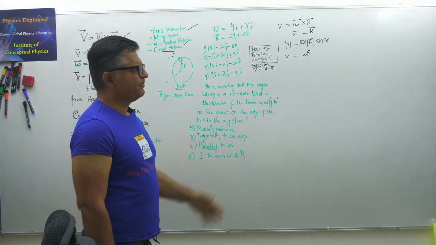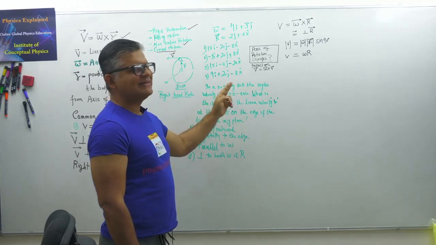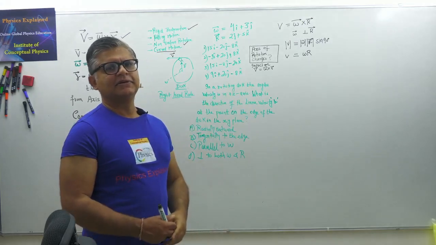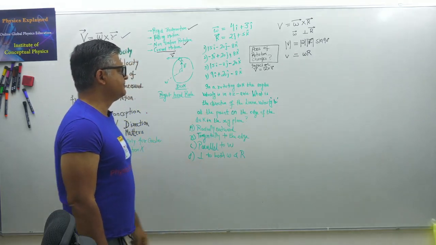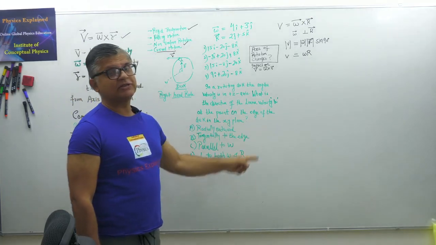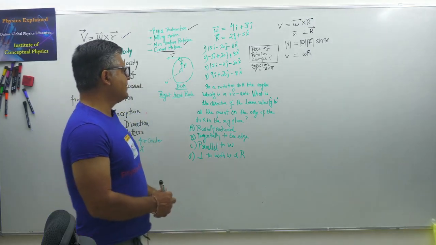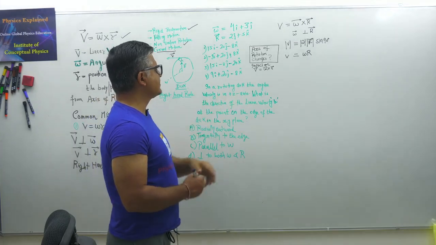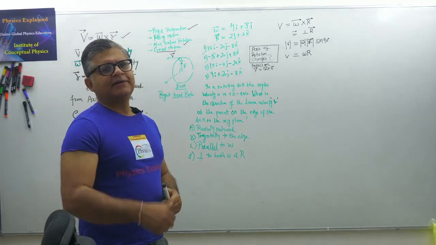Okay, very conceptual. In a rotating disk, the angular velocity is in the plus z axis. What is the direction of the linear velocity at the point on the edge of the disk in the xy plane? So it says that for the rotating disk, the angular velocity is in the z axis.